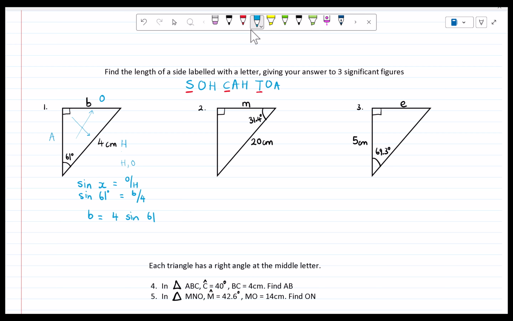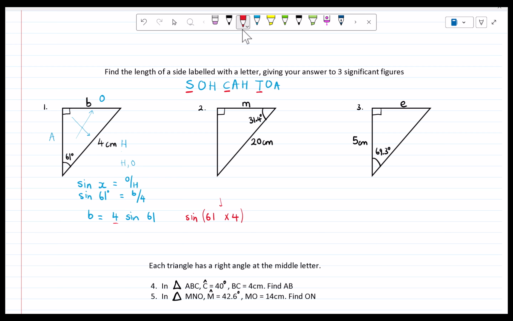When you punch this into your calculator, always make sure that you enter this number first and then sine. If you enter sine 61 times 4, this will give you a wrong answer, because your calculator will first calculate 61 times 4 and then take the sine of the product.